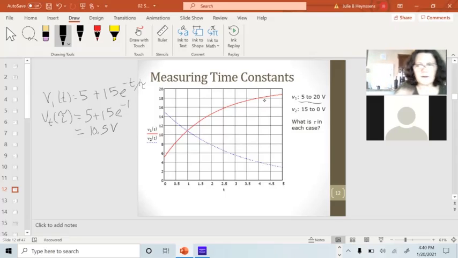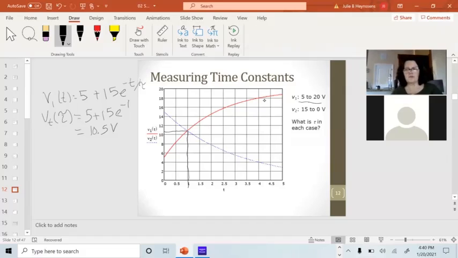So if I want to find the time constant, I find the expected value at one time constant, which is 10.5 volts, and then I'm just going to go over here, and you can do this with cursors in Multisim. I look for the place where the red curve equals 10.5 volts, and I look down, and I see the time constant is approximately 1 second.